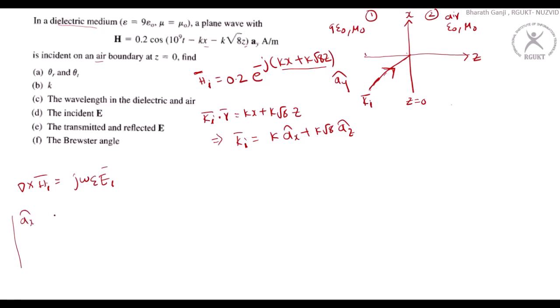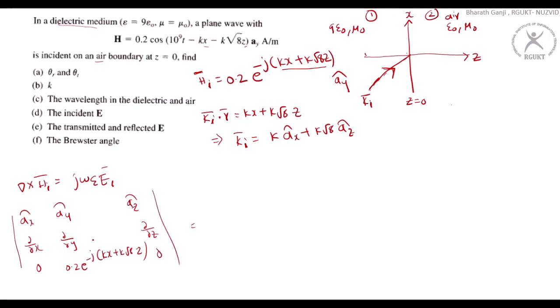That gives you ax, ay, az; dou by dou x, dou by dou y, dou by dou z; and 0, then the y component 0.2 e power minus j (kx plus k root 8 z), and 0. So let me try to calculate the determinant of it.